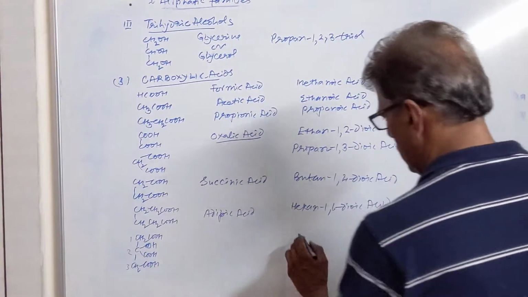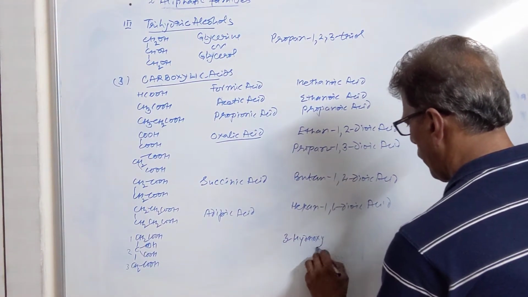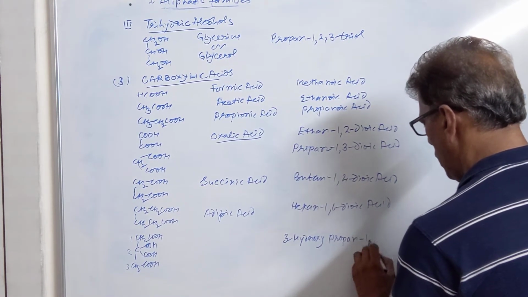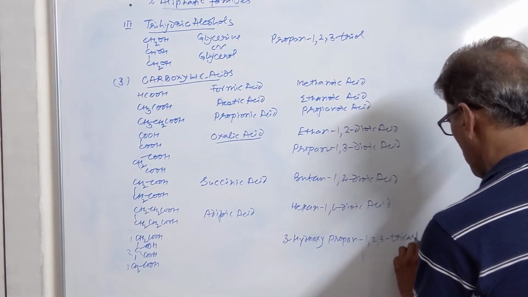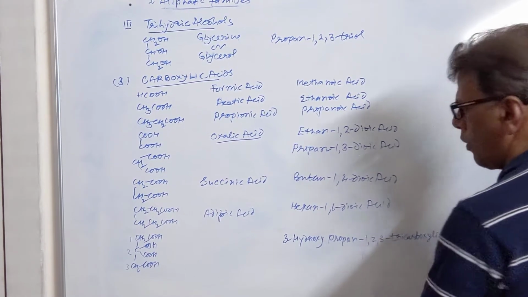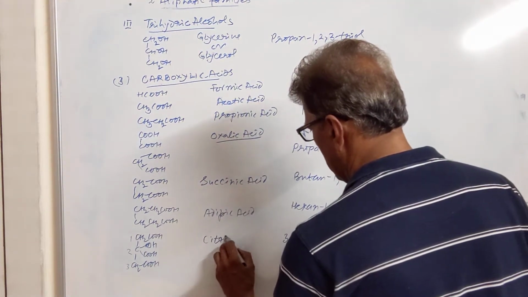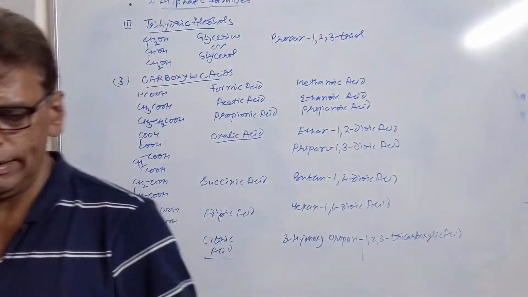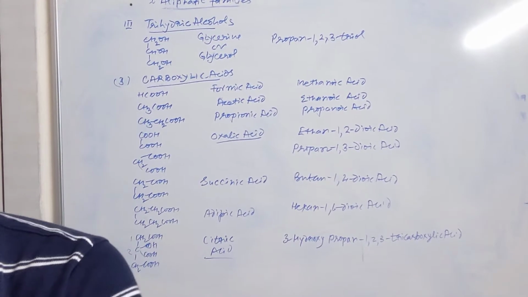So it will be 3-hydroxypropane-1,2,3-tricarboxylic acid. Common name is citric acid, found in all citrus fruits. So these are the carboxylic acids.